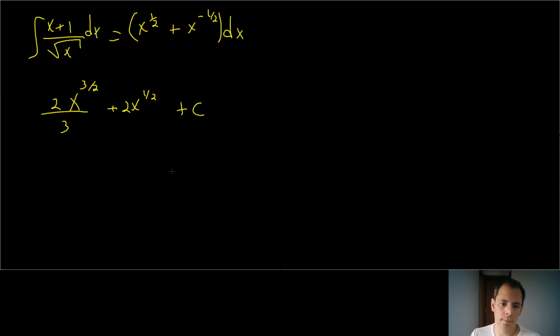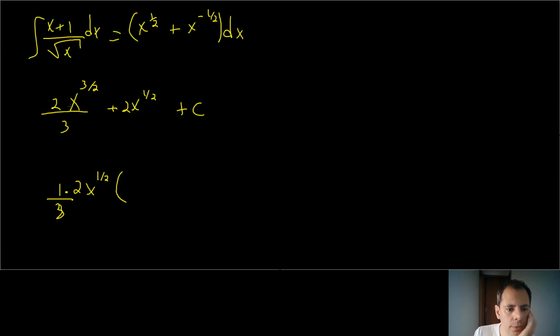That's that. Now, the book factors out the 2 times x to the half, so you have 2x to the half times 1/3 multiplying this whole thing.